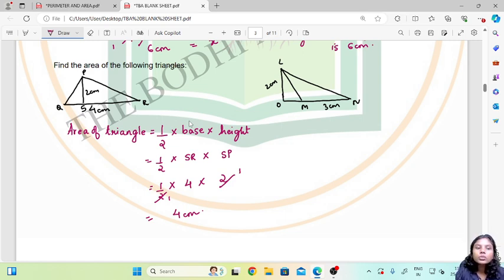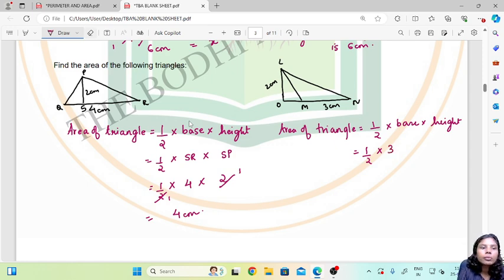Now let's look at this one again. Area of triangle equals half into base into height. So half into base, let's name it first.